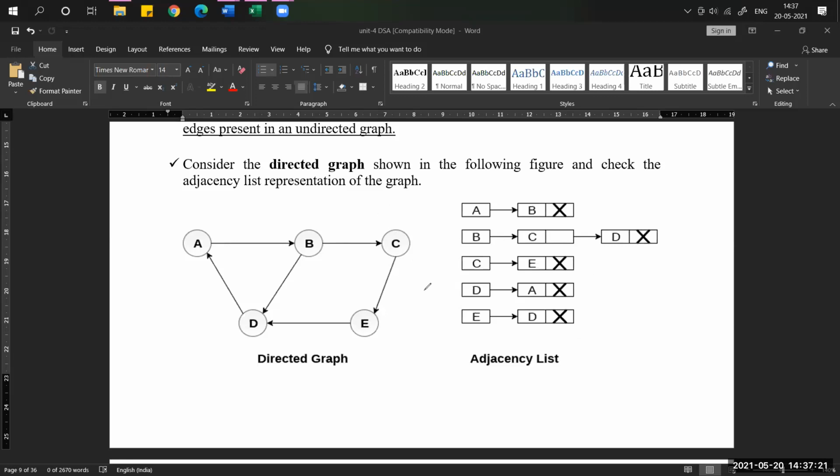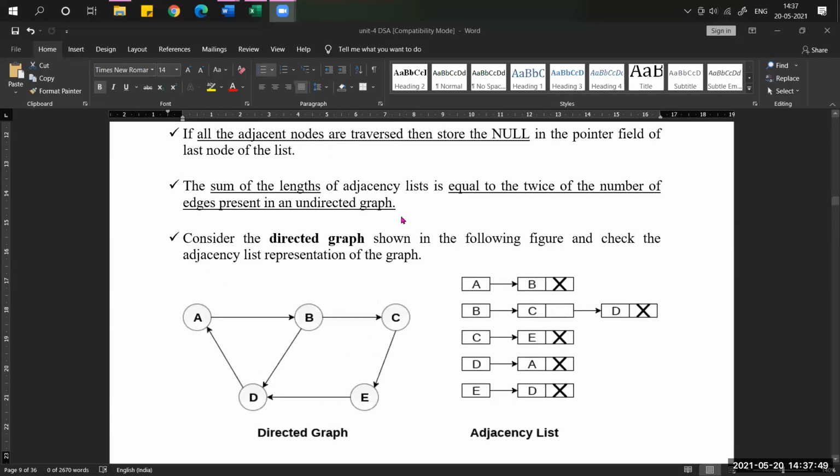For example, if you choose C, how many outgoing edges from C? Only one. Where is it reaching? E. Only one node, that's why we kept null in the link field. Like this we have to fill the adjacency list in the case of a directed graph.